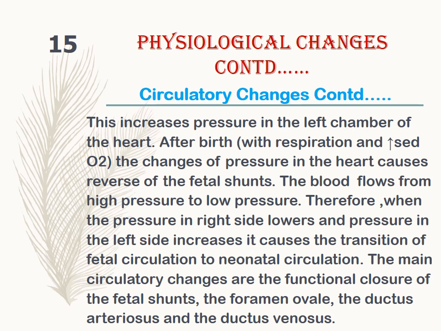The main circulatory changes are the functional closure of the fetal shunts, the foramen ovale, ductus arteriosus and the ductus venosus. So these three are the main openings when the fetus is in the uterus.